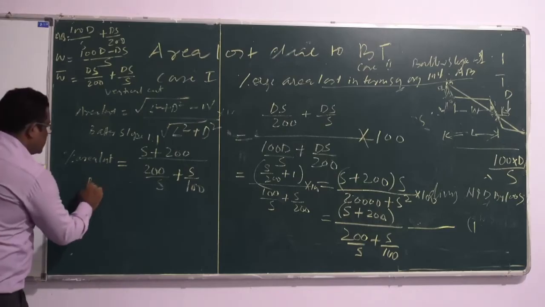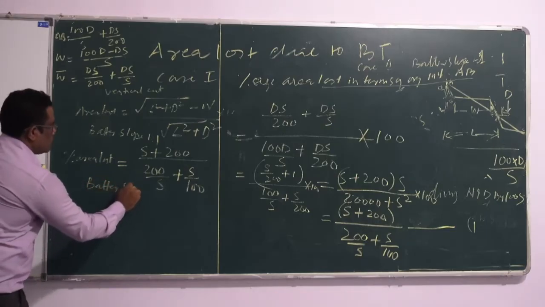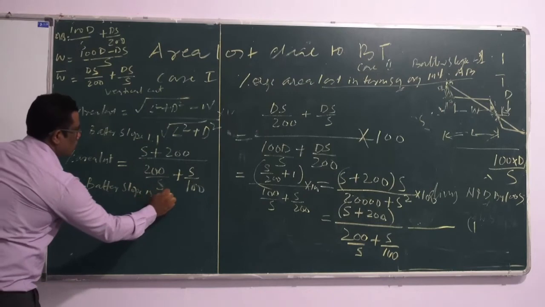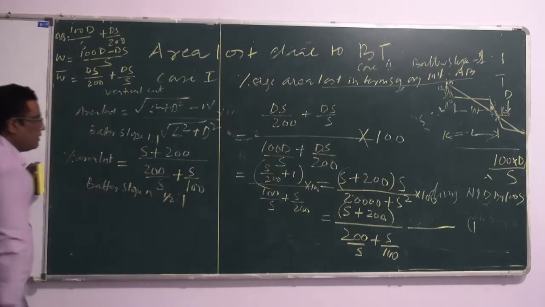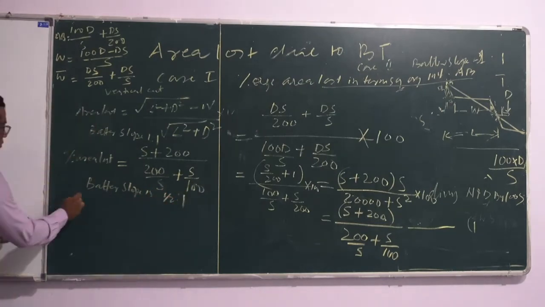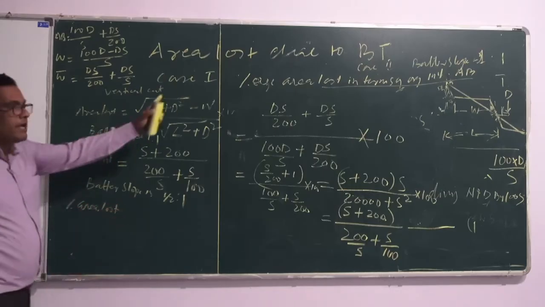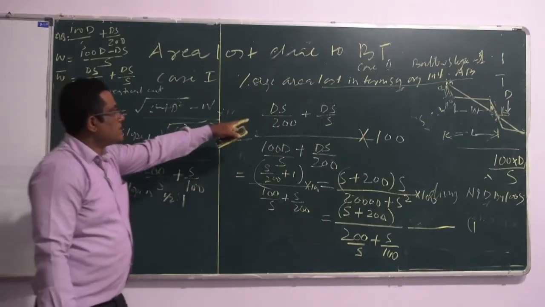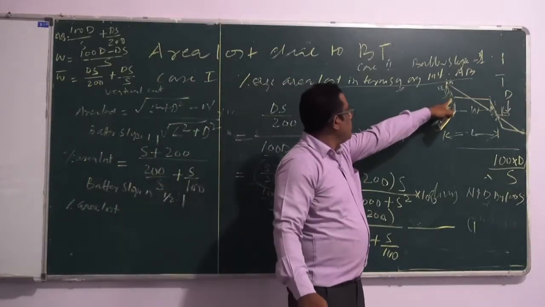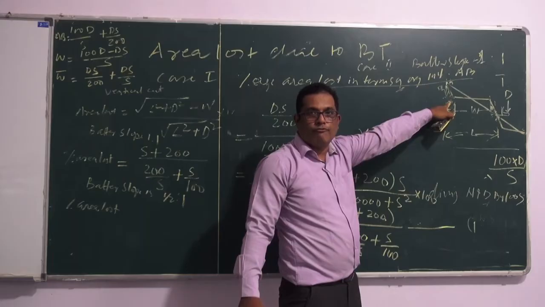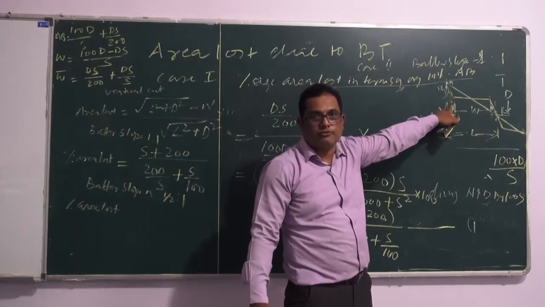Now, if the better slope is half is to 1, then the percentage area loss, by the same principle, except this is d by 2 here, it will be d by 4 because it is half is to 1.